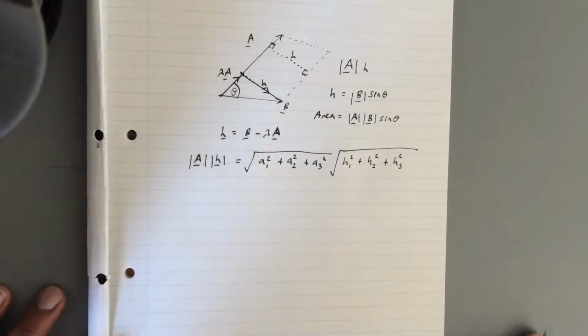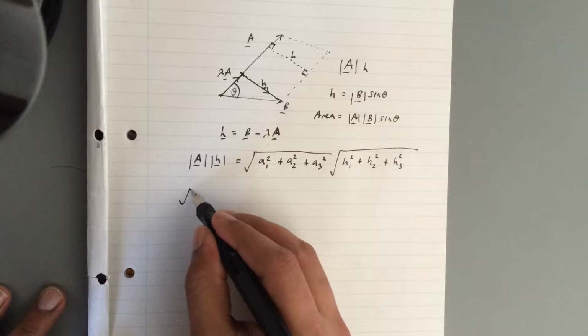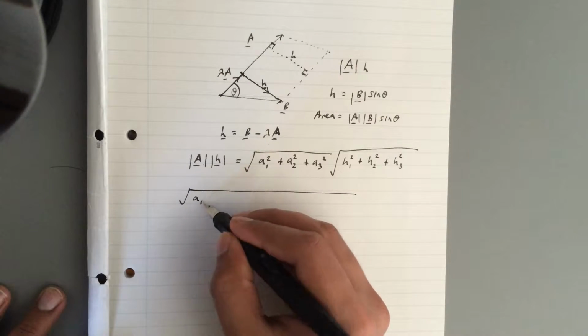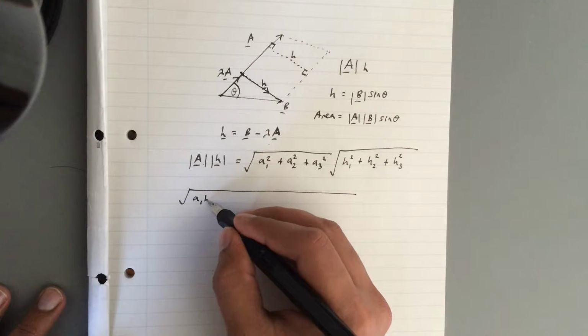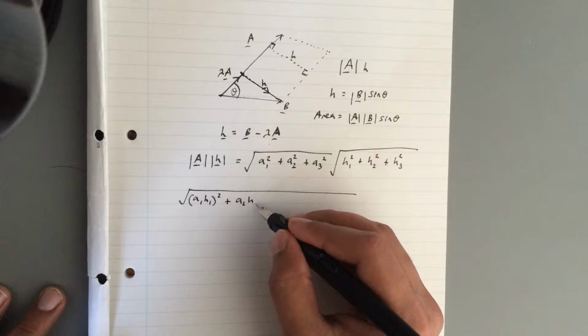Now I'm just going to multiply everything. I'll probably fast forward this part because it's quite boring to watch me multiply.